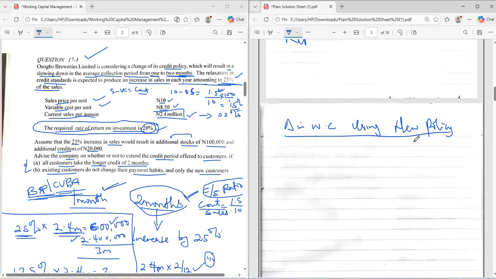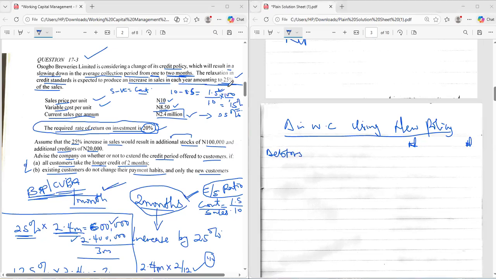So debtors, let's put our naira. What happened to debtors? If we initiate the new policy, who can tell me what the new policy is?